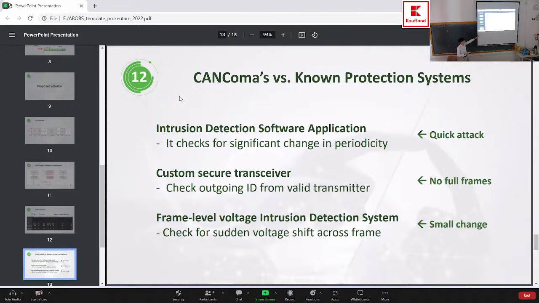The voltage intrusion detection system could detect this attack, but as we intrude for a short time period, it cannot make a difference between this attack and some error in the system, so it is considered a normal operation.